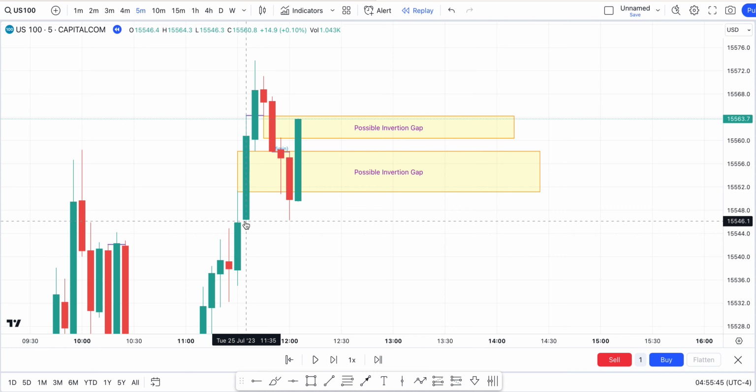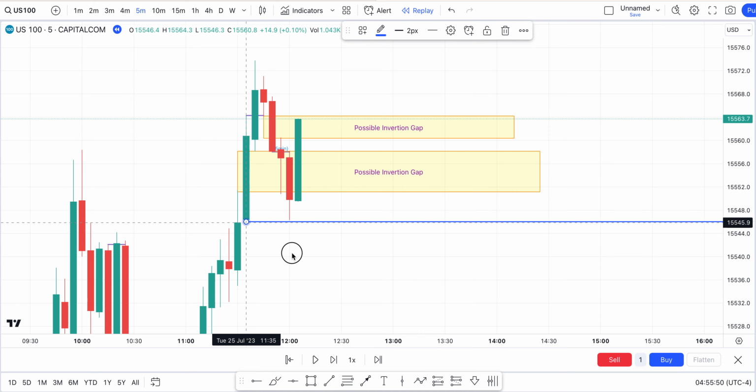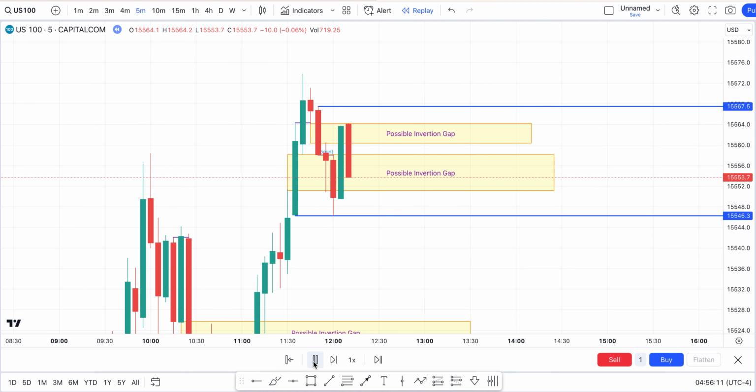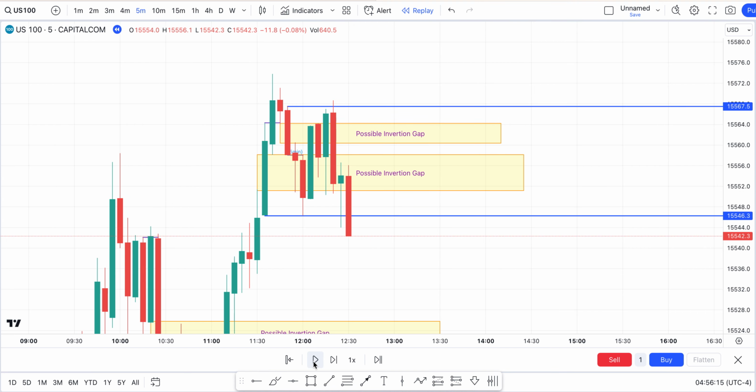So once this low is taken, it's validated. Once this high is taken, this one is validated, or activated. This low gets taken, and this high, let's see the difference.